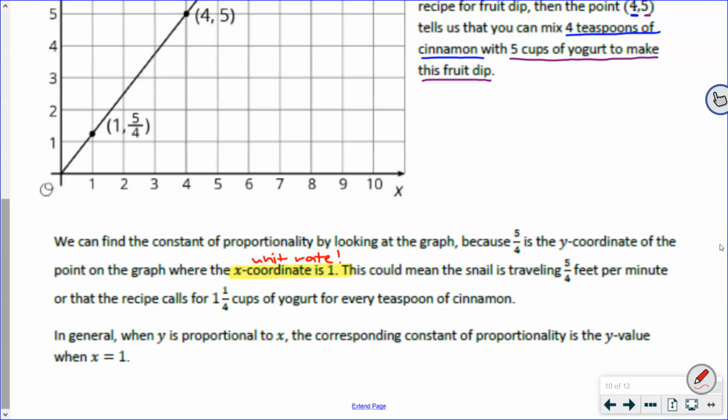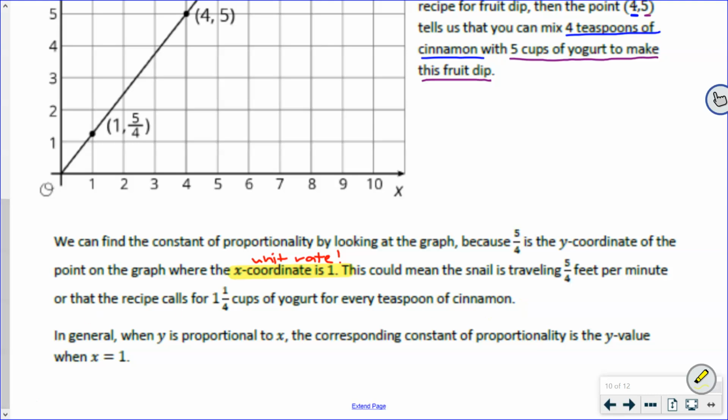And so depending on what that situation is, it could mean that the snail is traveling 5/4 feet per minute, or notice that 5/4 is the same as 1 1/4. Or if the situation is dealing with the yogurt and cinnamon, that's 1 1/4 cups of yogurt for every teaspoon of cinnamon. These are just unit rates for the situation.